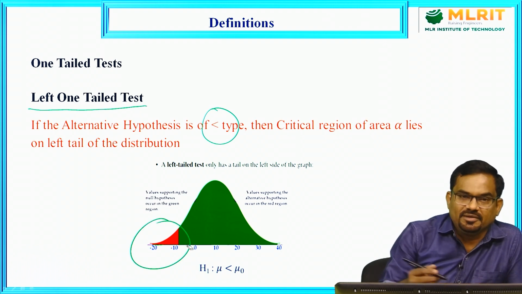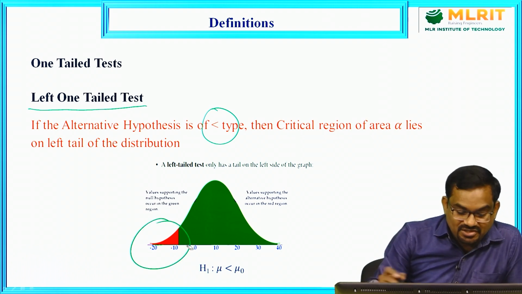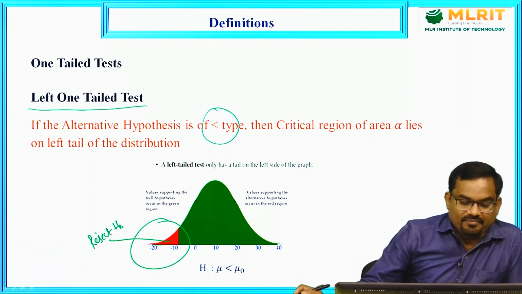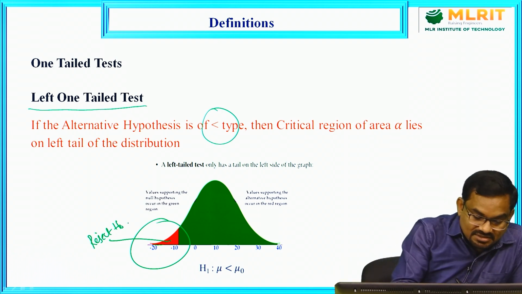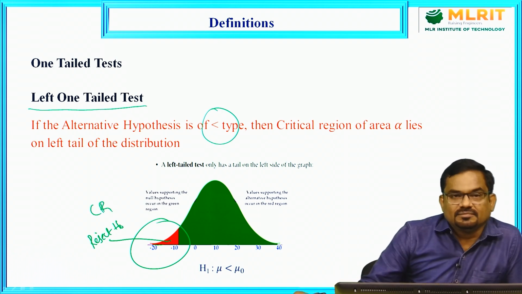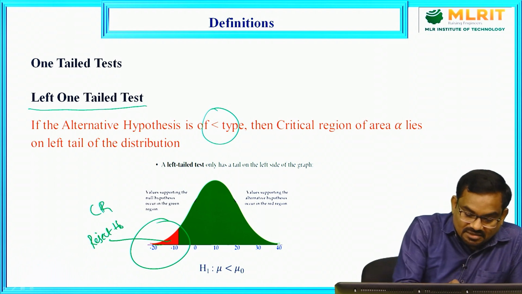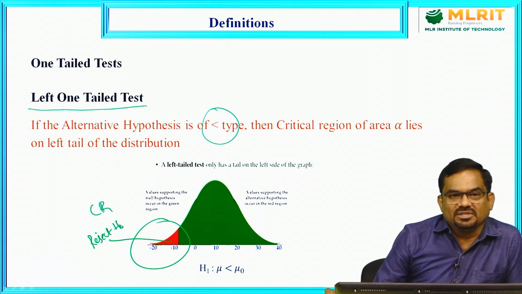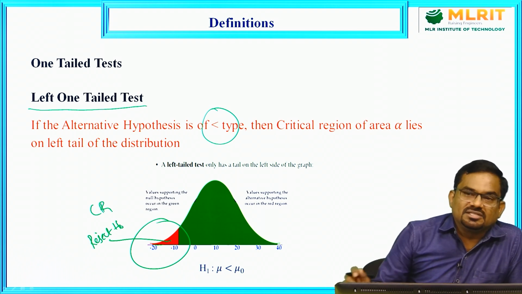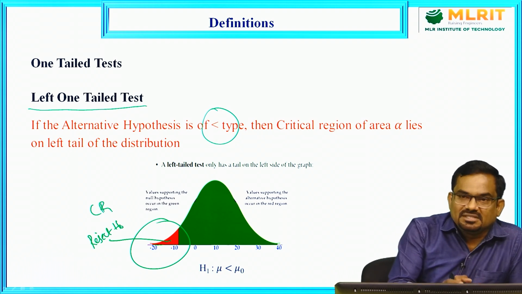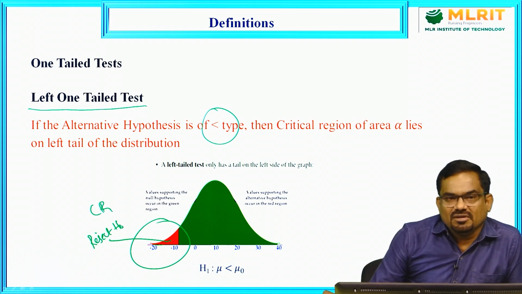Here you can see the red color region in which we reject H naught. So, this is the critical region, and in the remaining green region we can accept the null hypothesis, but in the red region we are rejecting the null hypothesis. That is why that region is called the critical region, and it lies on the left side, since the alternative hypothesis is of less than type.